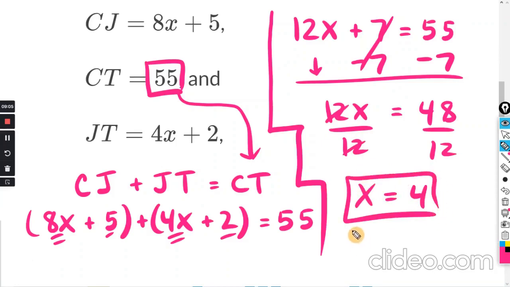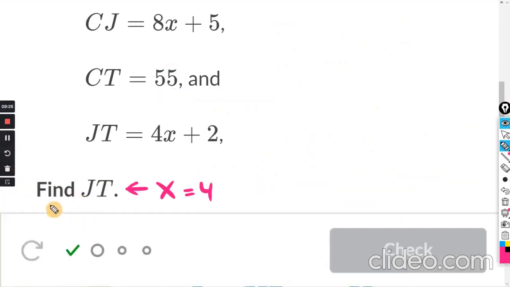And once again, they're going to ask you one of these lengths. So you want to take the x equals 4 and plug it in. So now I'm going to erase this work, and I am going to plug in x equals 4. Let's see which one they ask for. It looks like they want us to find JT. So we're going to take x equals 4 and plug it in the expression for JT.